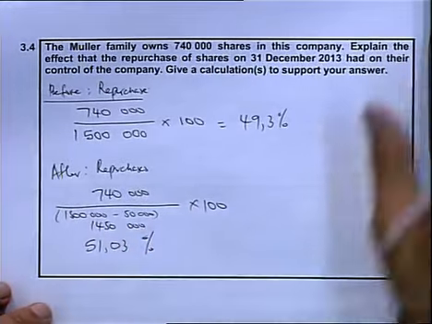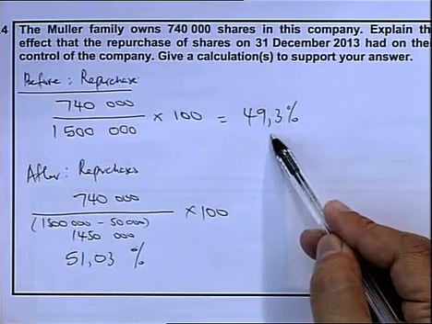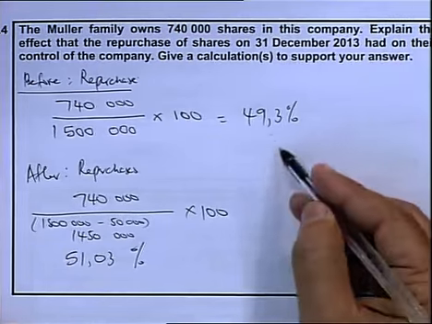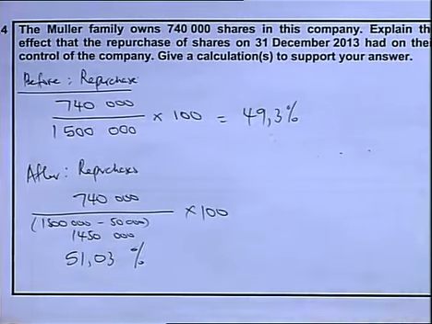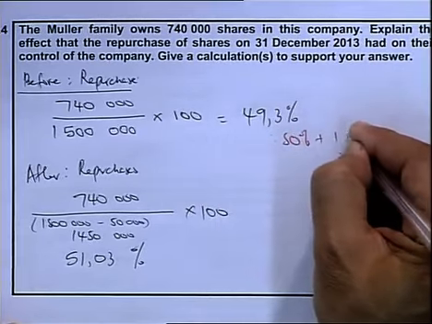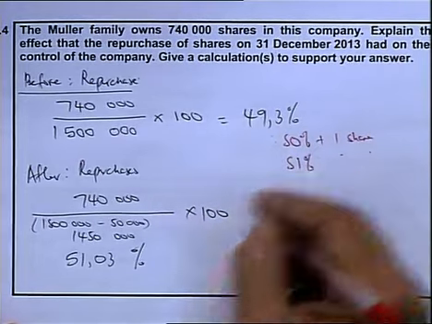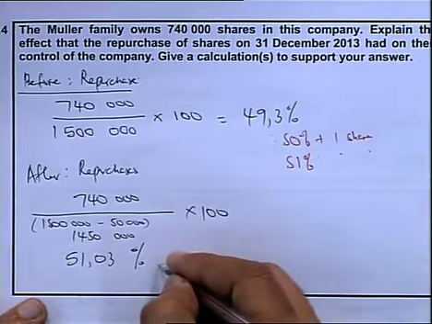Now what does this mean? Before the buyback, they only had 49%. So they were not a majority shareholder because it's either 50% plus 1 share, or it's going to be 51%, or in this case now, we can see they own 51%.